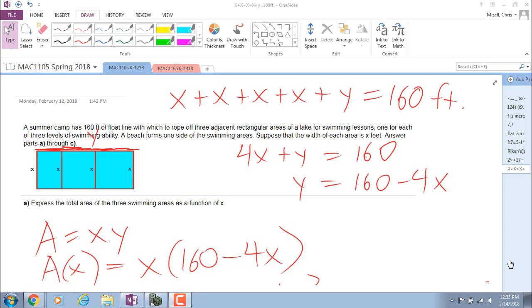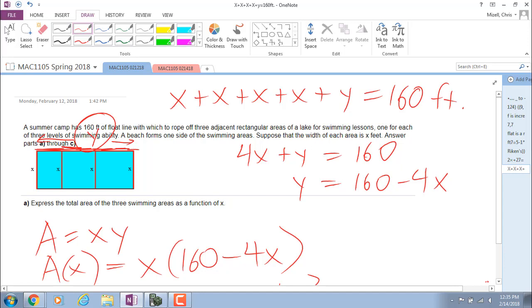And the other dimension, which is going to cover all four of these, I'm calling y. It goes from there all the way over to there. That gives us the other dimension of that rectangle.